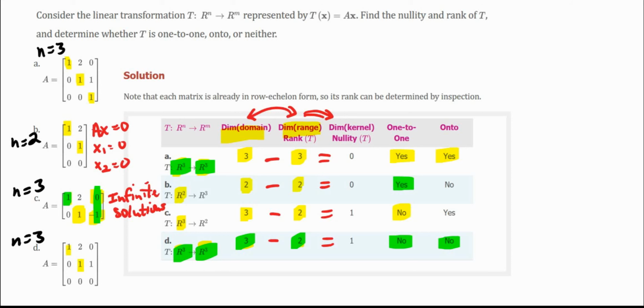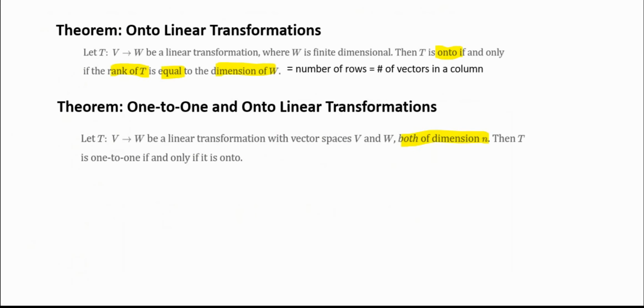Now in terms of onto, we said that if you go back, we can scroll back to it, this is the theory that we use, that T is onto if and only if the rank is equal to the dimension of W. See, W is the codomain, right?